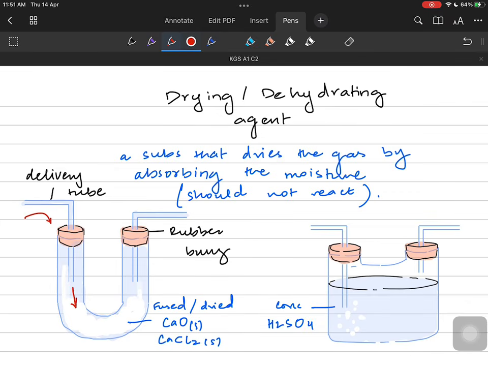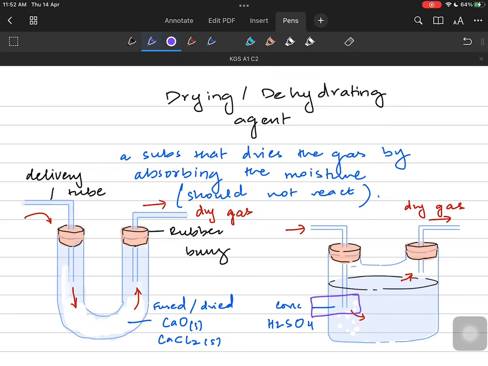You can see the delivery tubes allow the gases to move inwards, and then they're collected afterwards when they're dried. So calcium oxide and calcium chloride are both good drying agents, and then sulfuric acid in the concentrated form is also a good drying agent. You allow the moist gas to move in and the dried gas to move out.